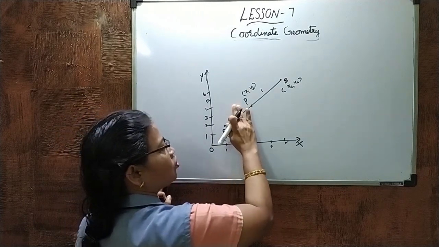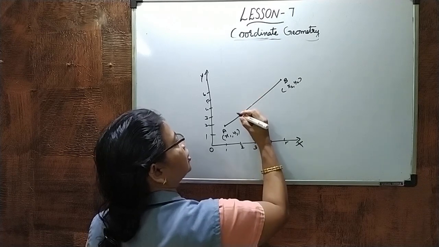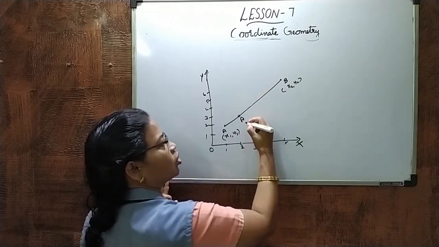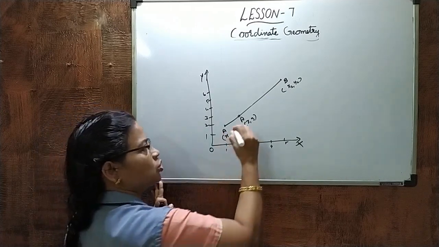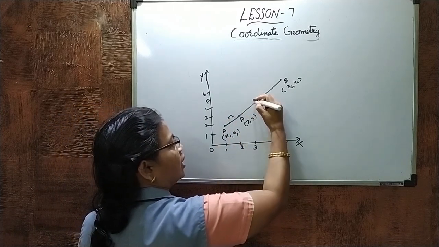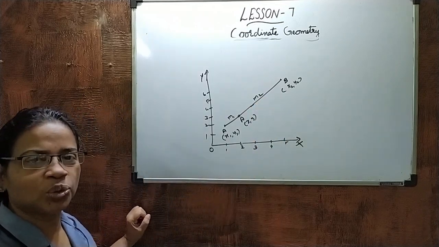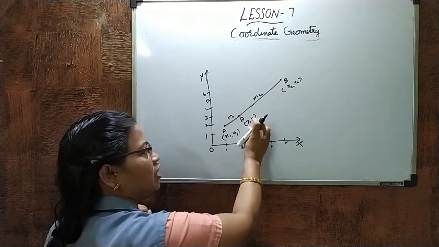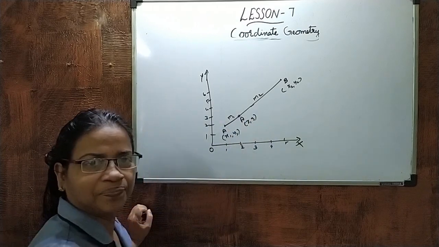Suppose P is not in the middle, it is just here, and the coordinates are x, y. And they give you the ratio as m1 and m2. Now we have to find out the value of the coordinates of this point.